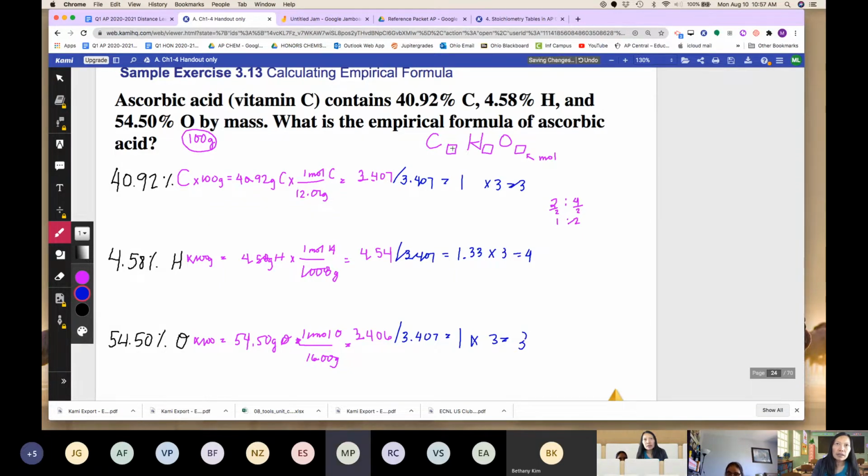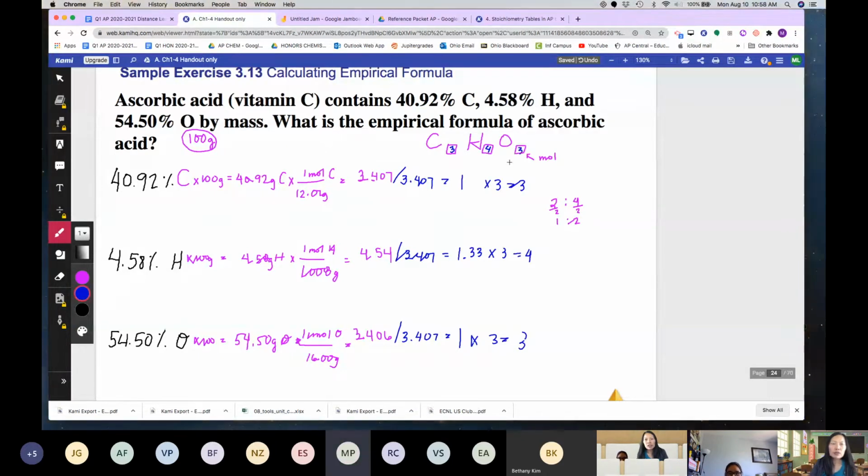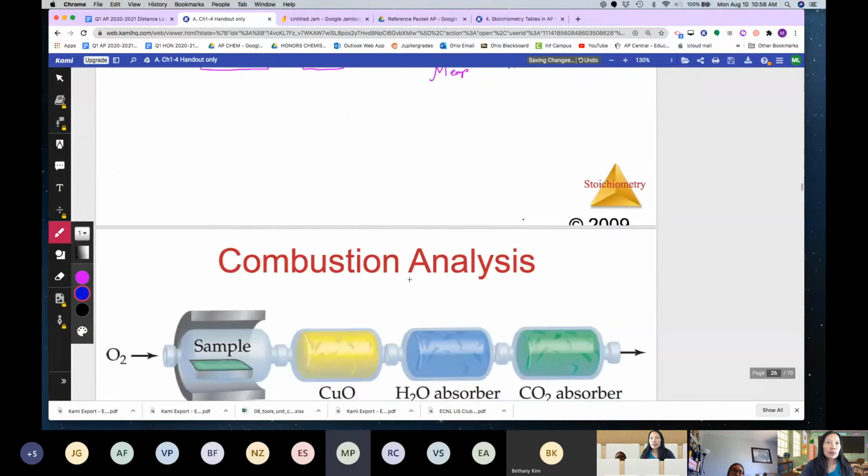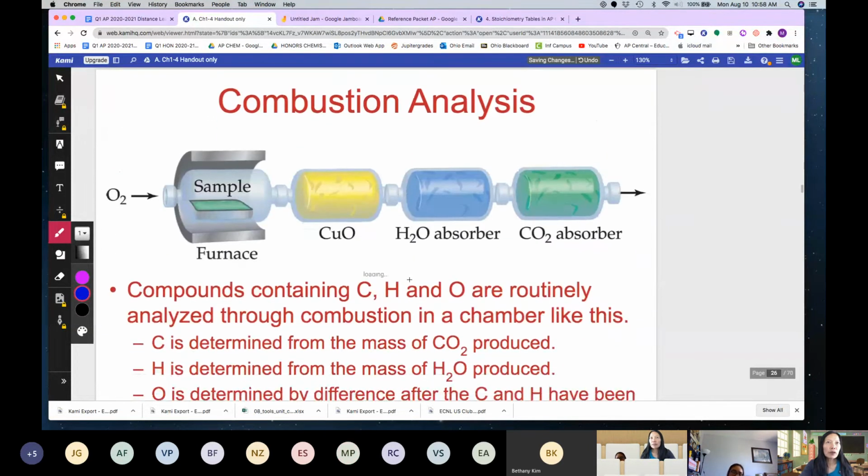So the answer would be 3 here, 4 here, to 3. Those are the mole ratios. Pretty easy? Any questions so far before I keep going?